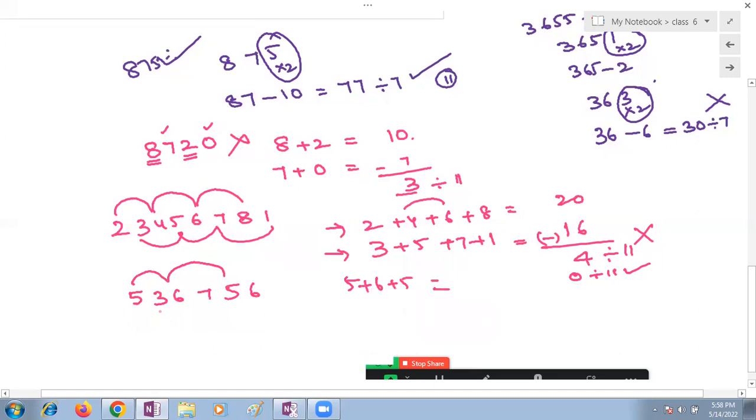And another alternative pair? 3 plus 7 plus 6. Please, can you give the sum of these numbers? First is 16. Second is 16. What is the difference between these? 0. Ma'am, 0 is divisible by 11. Yes, it is divisible.